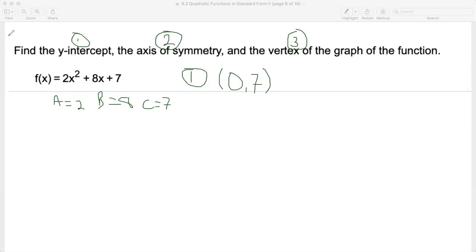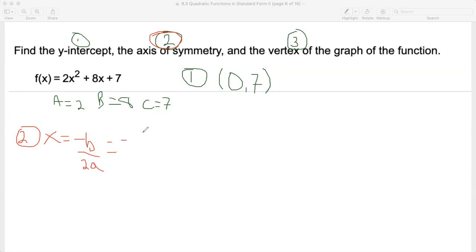Okay. Now for the axis of symmetry, I'm going to go ahead and change colors here. I'm going to do it in red, and I'll circle it in red. The axis of symmetry is always using the equation x equals -b over 2a. So this is a very consistent formula. We use it all the time. So -b over 2a. Okay, so simply you just plug it in.